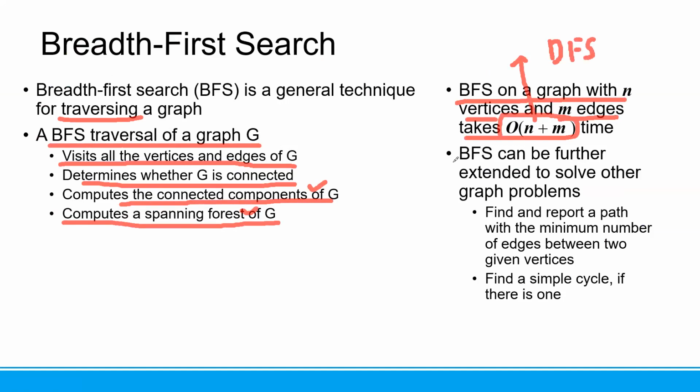And BFS can be further extended to solve other graph problems. You can use BFS to find the minimum number of edges between two given vertices. And you can also use BFS to find a simple cycle. I think you remember what a simple cycle is.